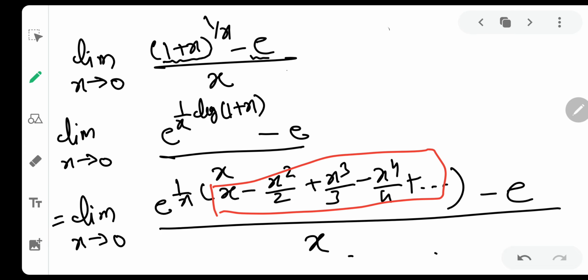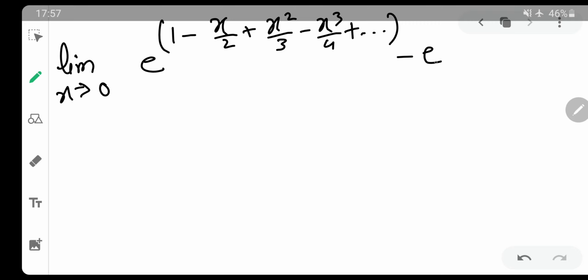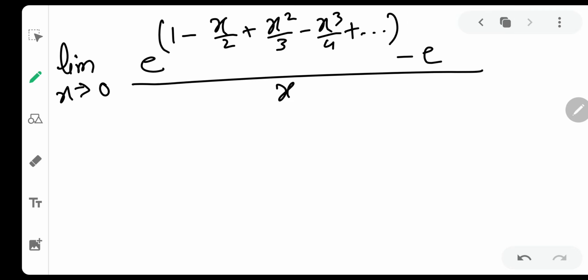So the denominator now is turning into a pretty simplified form. When 1 by x goes inside, every x power will reduce by 1. So initially it will be 1 minus x by 2 plus x square by 3 minus x cube by 4 plus and so on, minus e, upon x.